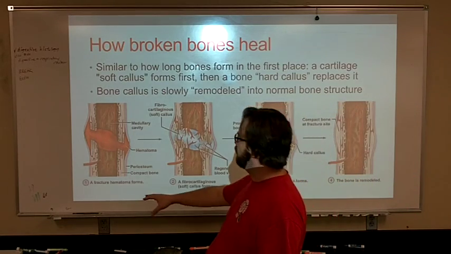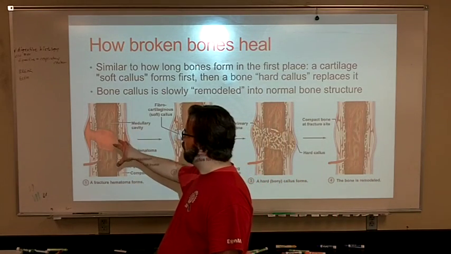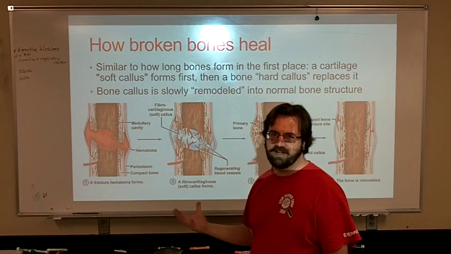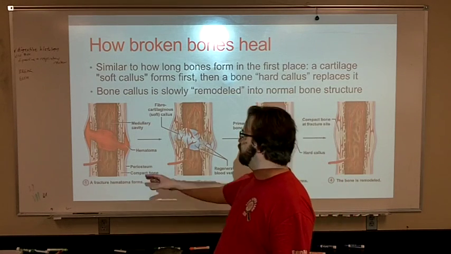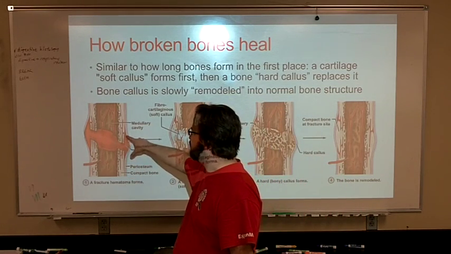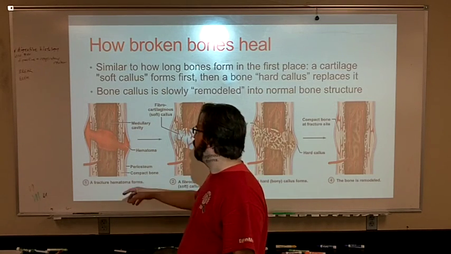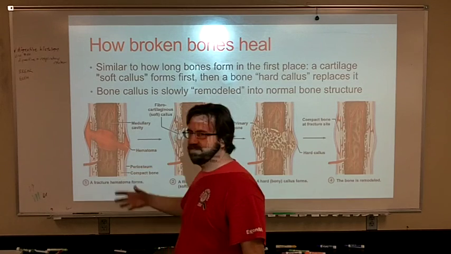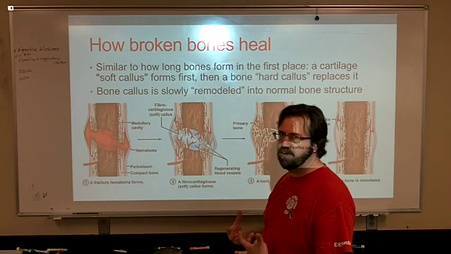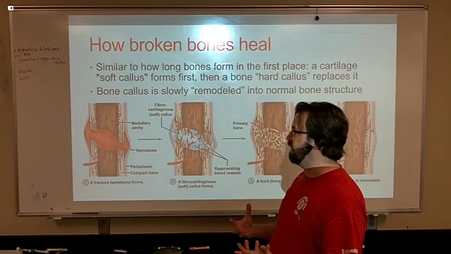So the steps are, first you break the bone, and when you break the bone, you break a lot of blood vessels. So a structure called a fracture hematoma forms. The periosteum is swelled outward by blood that it's capturing inside the bone, and then the bone swells.